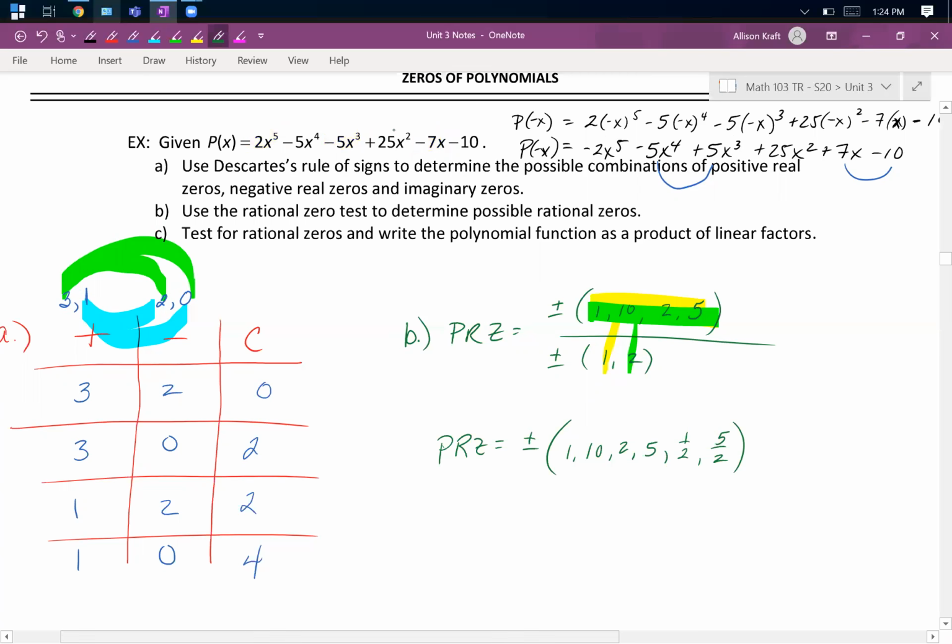So if we add these up, the positives are going to be positive 27, and then negative 5, negative 10, negative 20, negative 27. So I see that I get 0 just by adding up the coefficients. That tells me that 1 is absolutely going to be a zero, so I'm going to start with positive 1.